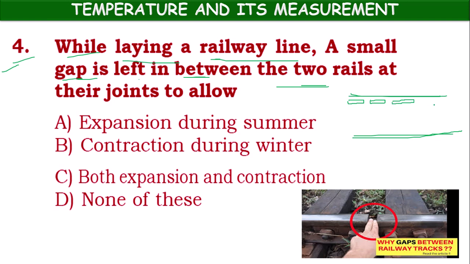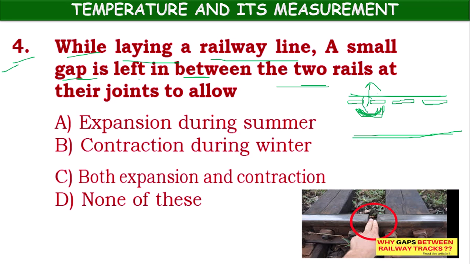These iron blocks are also called rails. Between the blocks, or between the two rails, a small gap is left at their joint.